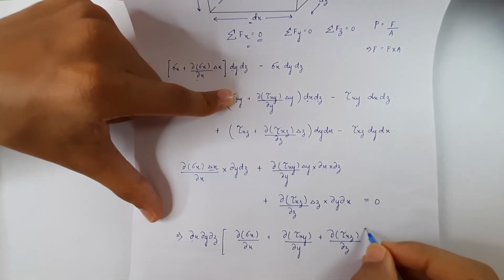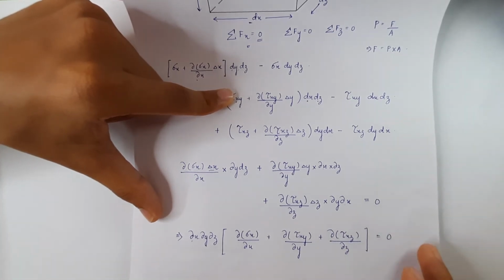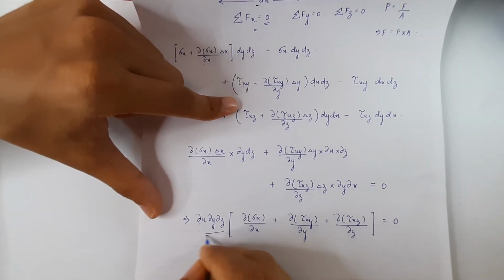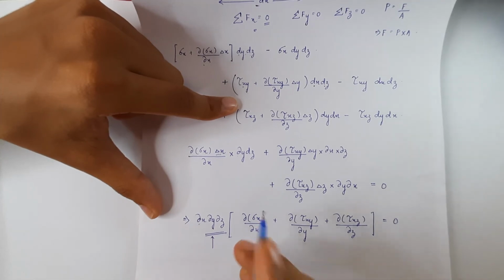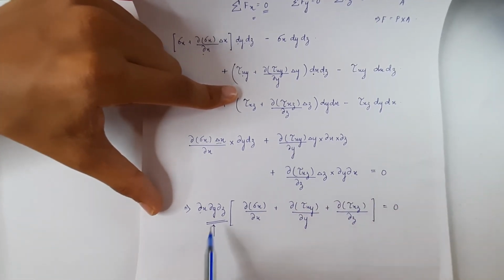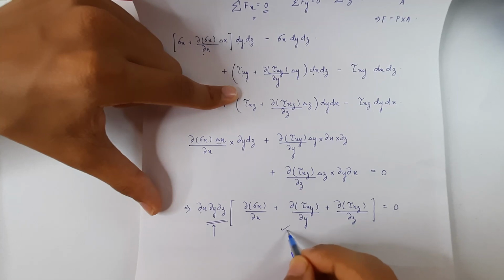Now this is the volume of the small cube that we had taken into consideration. So that volume can't be 0, because that is a physical thing which is existing there. This can't be 0, so obviously this term will be 0.